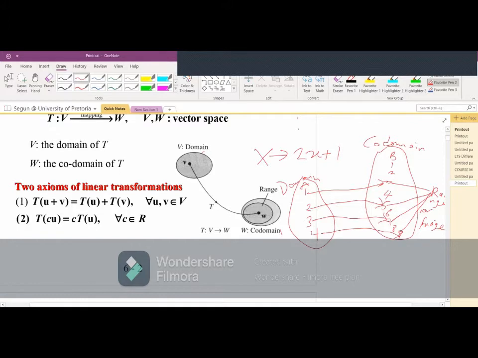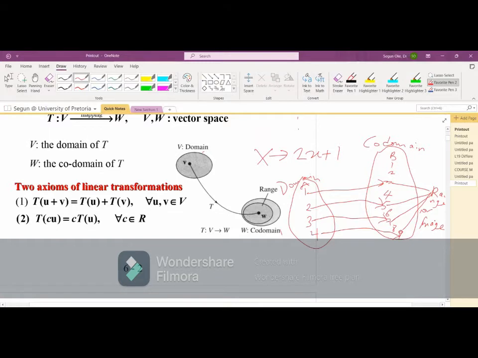Call it range, or they call it image. Don't forget, they are coming out from where? From the domain.